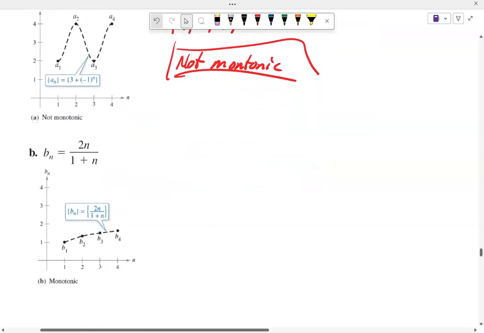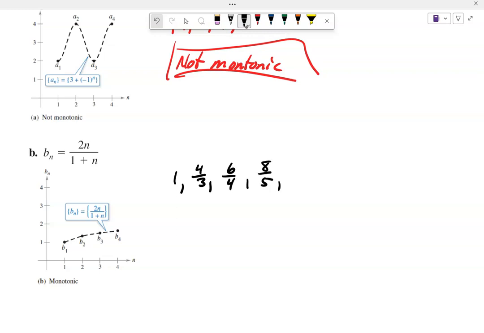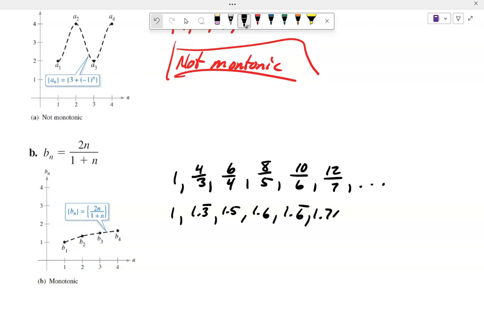All right, how about this one? If we were putting terms in, you'd have 1, you'd have 4/3, you'd have 6/4, you'd have 8/5, you'd have 10/6, you'd have 12/7, and so on, right? In other words, 1, 1.3, 1.5, 1.6, 1.6 repeated, 1.714, and so on.